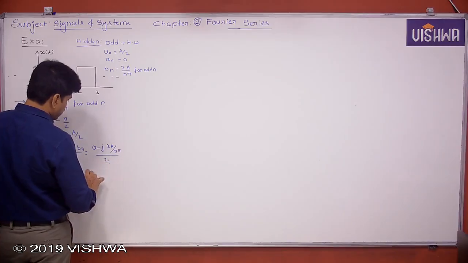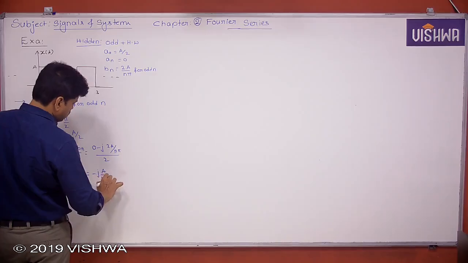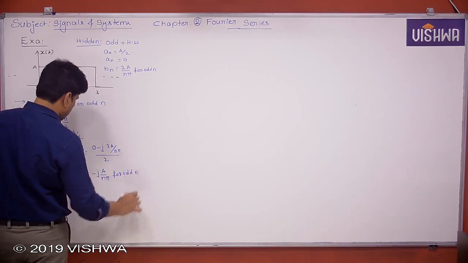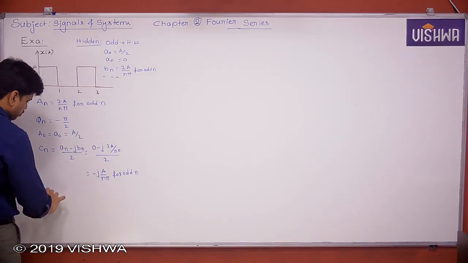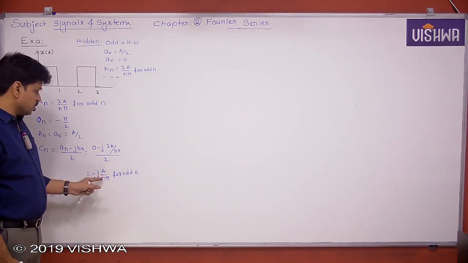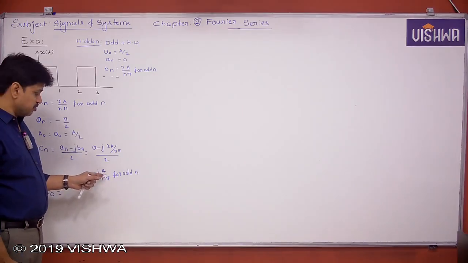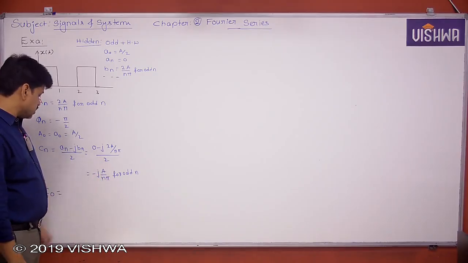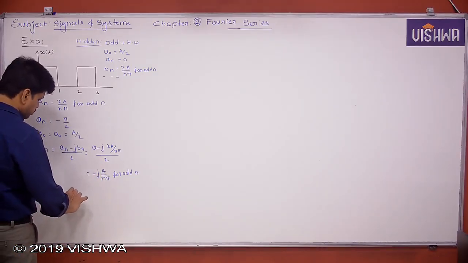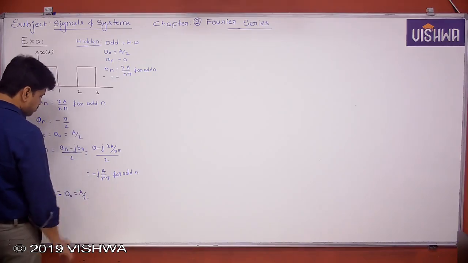So 2 gets cancelled, finally minus jA by n pi for odd values of n. Then what is C0? Never substitute n equal to 0 directly here. If you substitute, then that is going to be A by 0, which is infinity, which is not correct. So what is C0 actually? It is the same as A0, that is also A by 2.